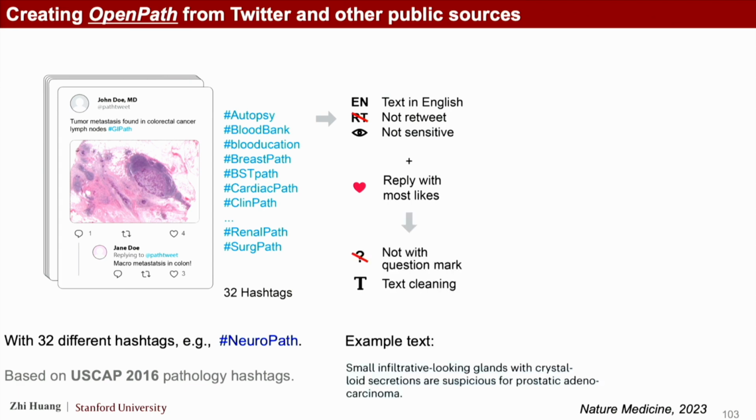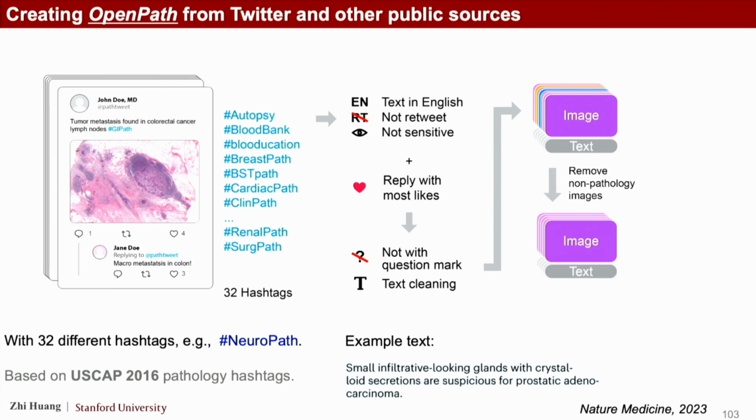We also removed those texts with question marks, followed by additional text cleaning, such as the removal of emoji and hyperlinks. And since not all images on Twitter with a pathology hashtag are actually pathology images, we further trained a pathology image classifier to remove those non-pathology images, such as selfies or conference photos.